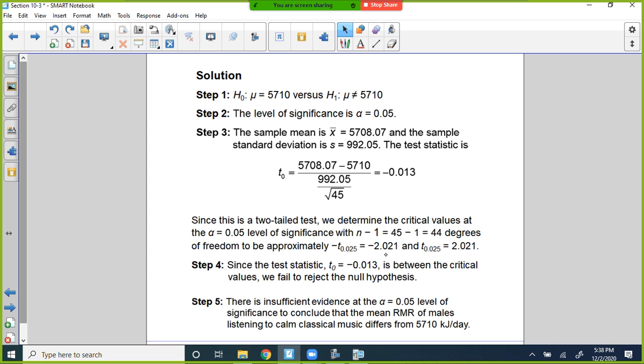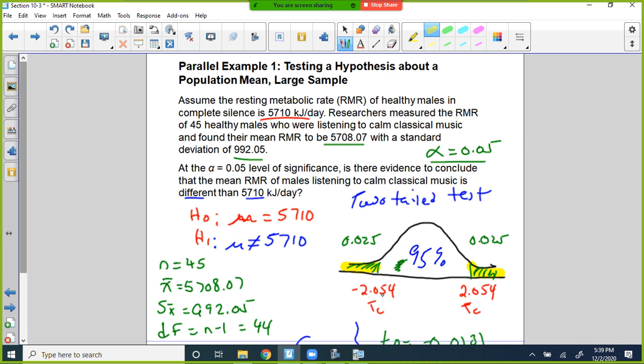All right, so do you see the negative 2.021 and positive 2.021 here? Let me grab a highlighter. They went to an alpha of 0.05 significance with degrees of freedom of 44, right? So they came up with negative 2.021 and positive 2.021. So let's see what we did here.